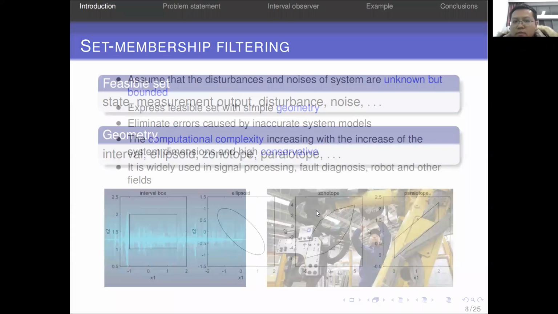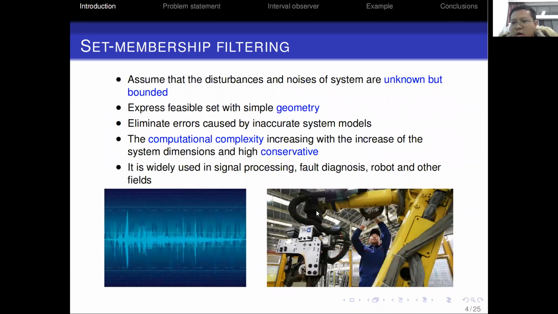In the set membership filtering field, we commonly assume that the disturbances and noises of the researched system are unknown but bounded. Or we can say this is a UBB system or uncertainty system. And we can eliminate errors caused by inaccurate system models.